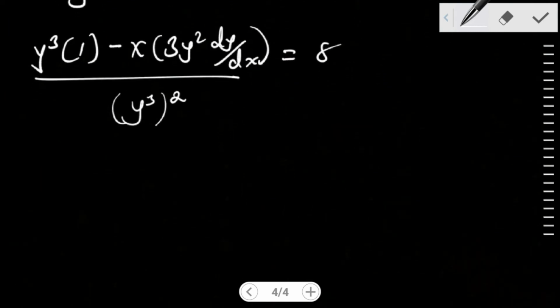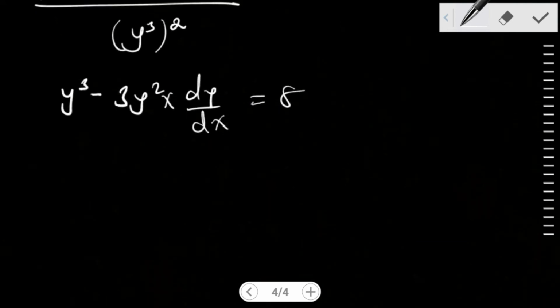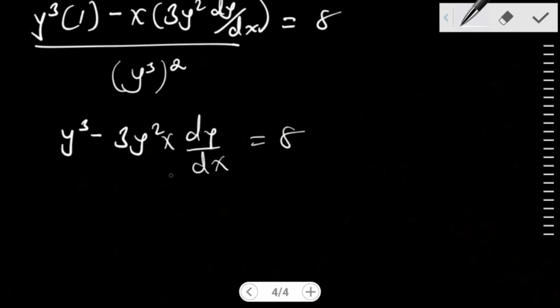So out of that, the next thing here is to arrange this. I'm going to have y cubed minus 3y squared x dy/dx equal to 8. But the whole of this, I'm going to multiply to this side.